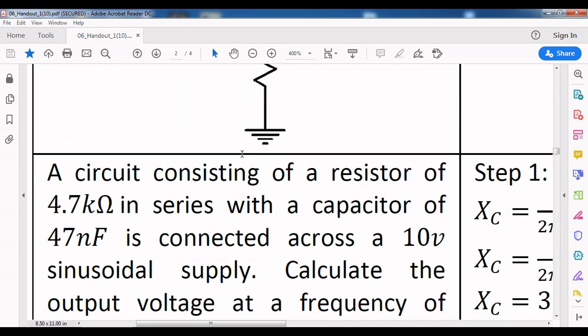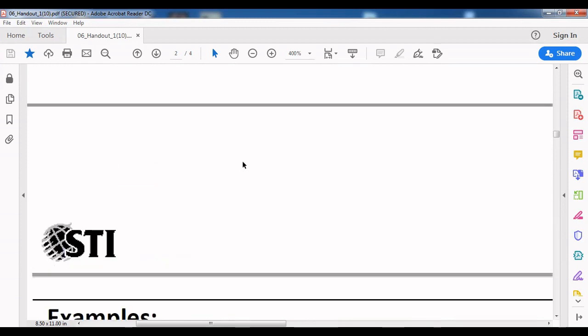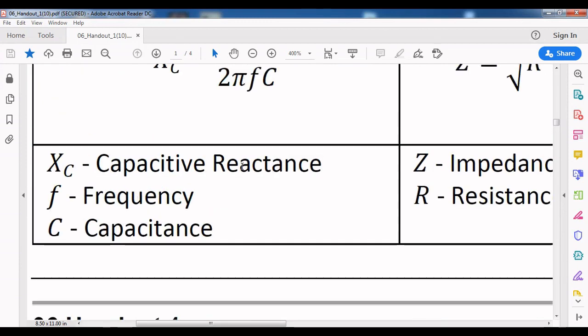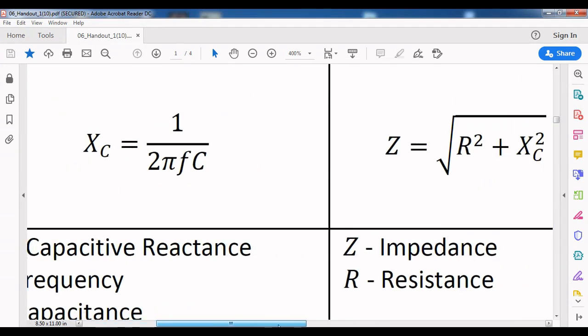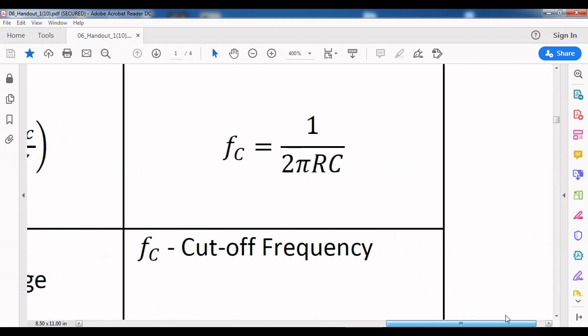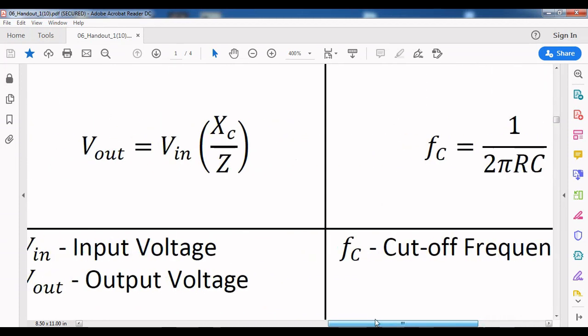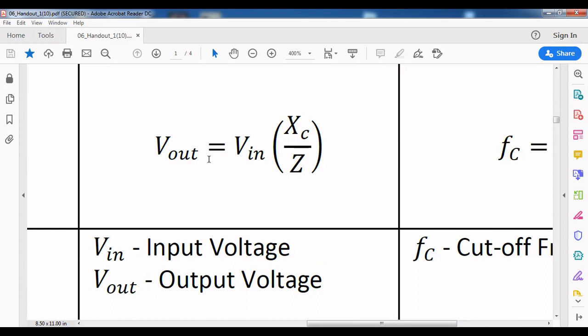So in order to be able to answer this, we would now be needing the other formulas aside from this one. So we're being asked to get the voltage output. Okay? In order to get the voltage output, it is actually a factor of X sub C over Z multiplied by the input voltage.